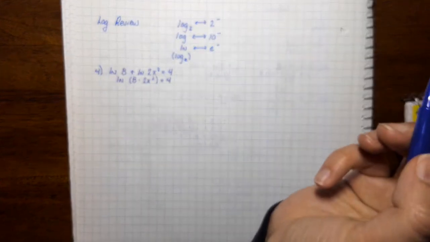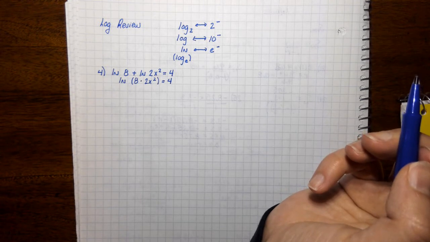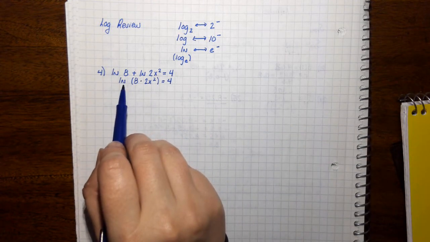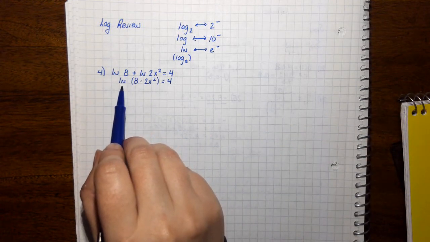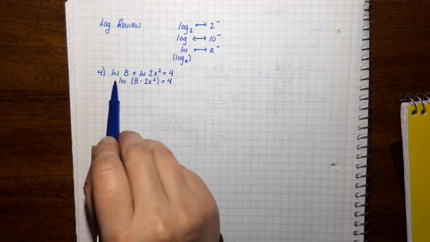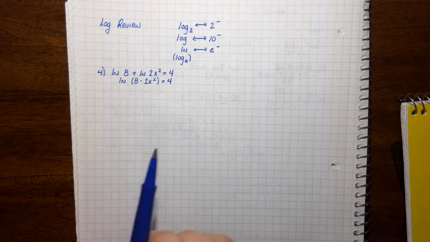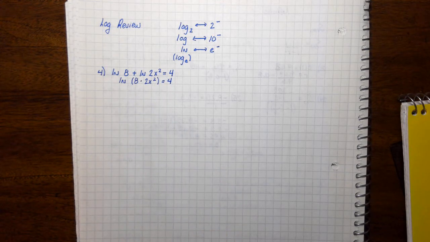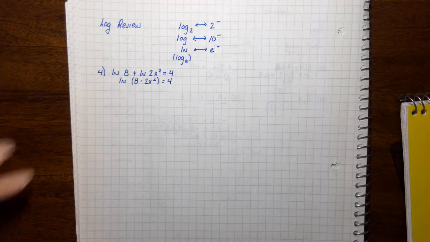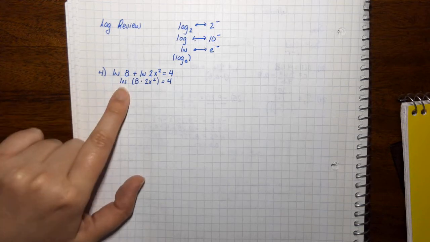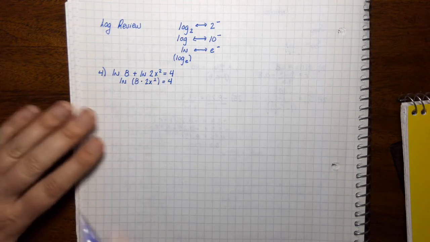Okay, and at this point usually we would change this to a circle, we would change it to exponential form. And you can definitely do that with this problem. However, what I'm going to suggest is that you take both sides using e as the base, and this becomes the exponent.